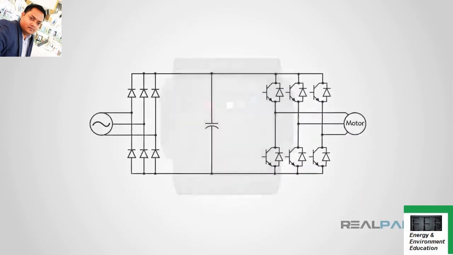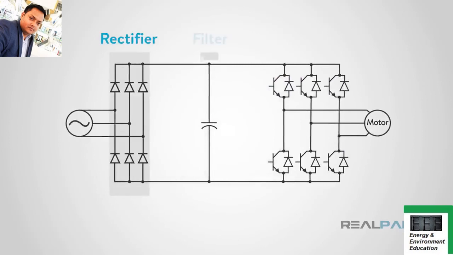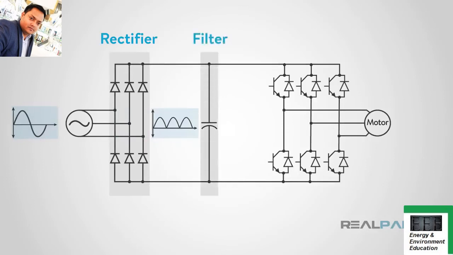VFDs have 3 main components: a rectifier, a filter, and an inverter. The rectifier acts like diodes, taking the incoming AC voltage and changing it to DC voltage. Next, the filter uses capacitors to clean the DC voltage, making it a smoother incoming power.